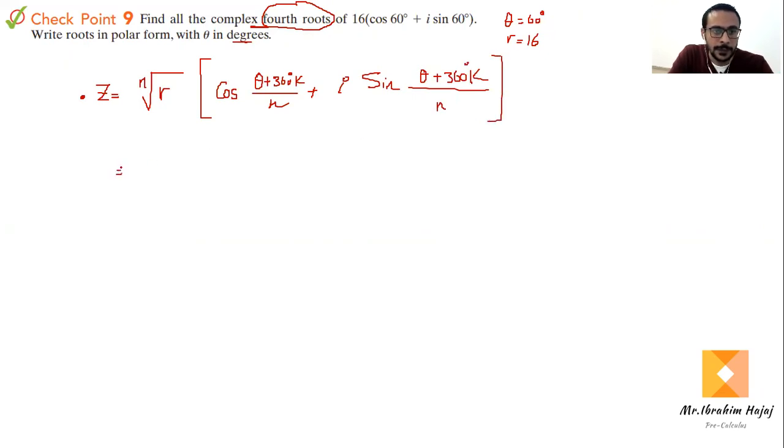Okay, so let's find all the roots here. Substitute 0, 1, 2, 3 and so on until we see. Maybe 0, 1, 2, 3 only. I don't know, let's see.